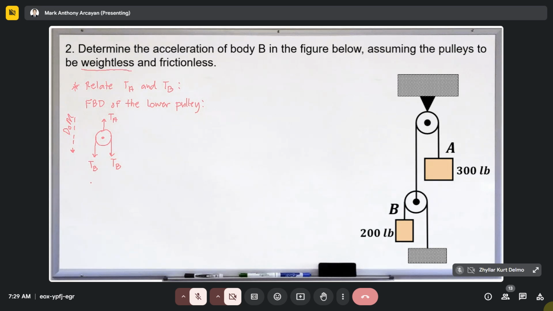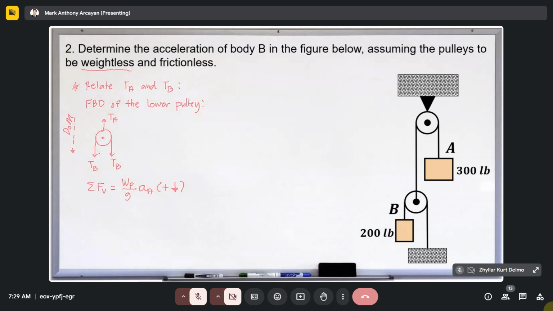Therefore, if we take the summation of forces along the vertical, that is equal to the weight of the pulley over g times the acceleration. By the way, the acceleration of this lower pulley is the same as block A, so we can put here a sub A. It is positive if the force is pointing downwards.